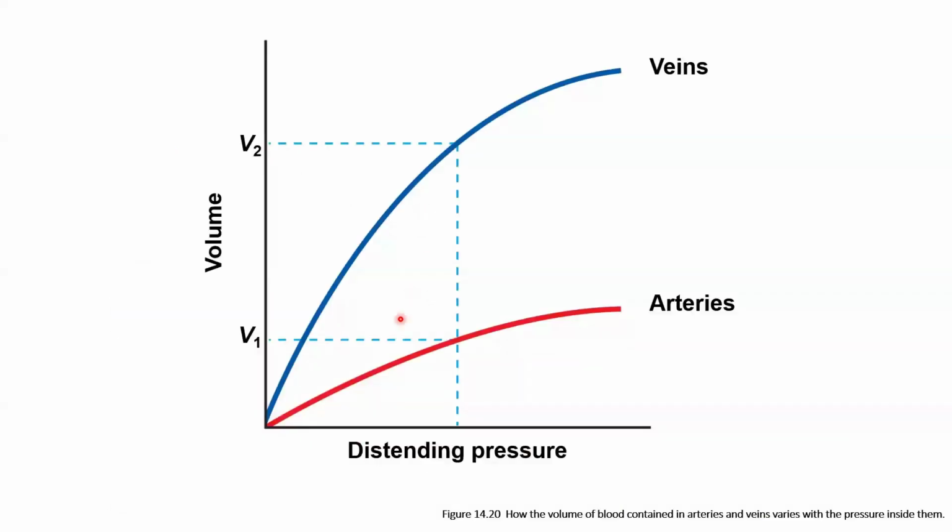So just to compare that, arteries to veins, and we're comparing the volume in the vessel to the distending pressure. So if you look at arteries, right, we have a small change in volume to bring about a large change in pressure and to distend or expand these vessels. This is where we talked about that elasticity.